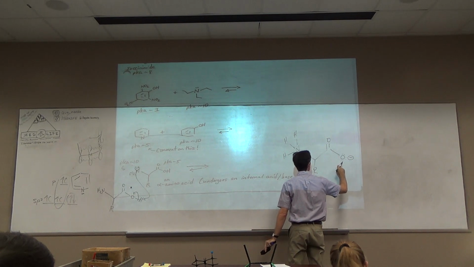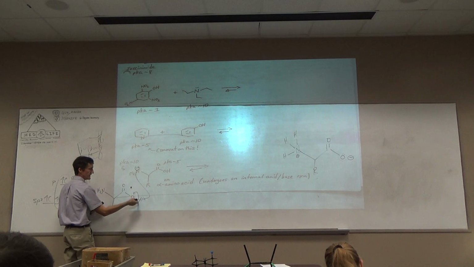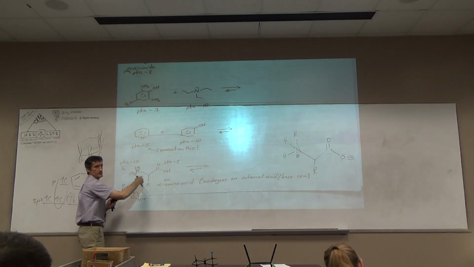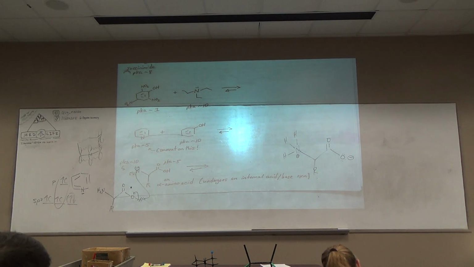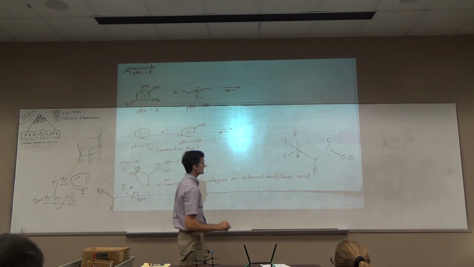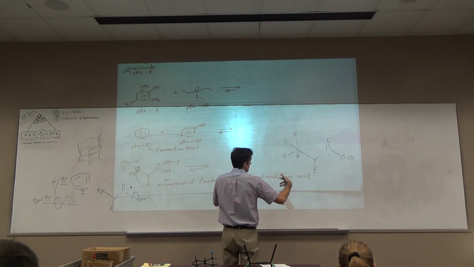Because while this nitrogen is taking the H of that one, the nitrogen of some other molecule is taking that H. It's all happening. So I just drew one molecule over there. There's your outcome. We made an ion pair. It's just they're in the same molecule.